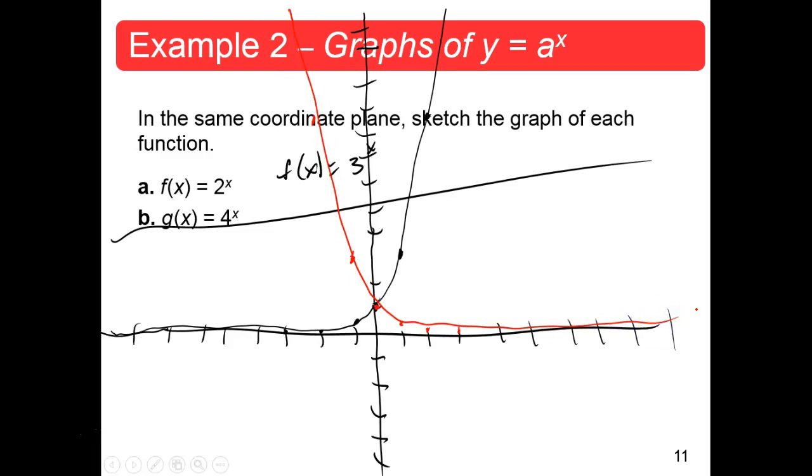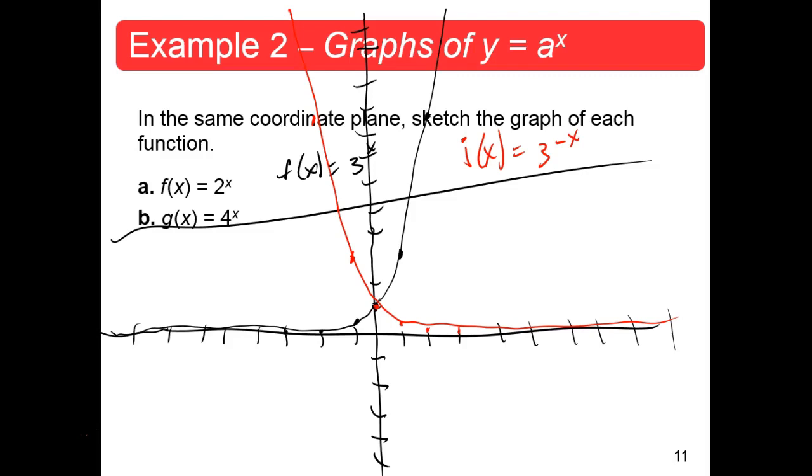And this was called J of x. What would J of x be? A reflection across the y-axis, so what would that be? 3 to the negative x. Perfect. We did them just like that with 2s and 4s on the example 2 and 3.